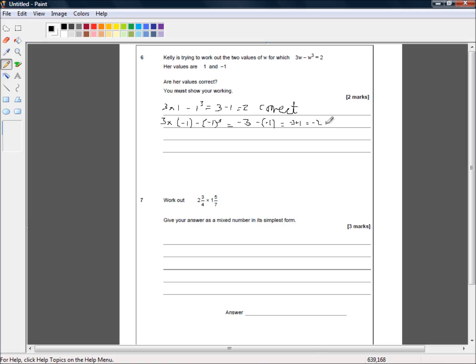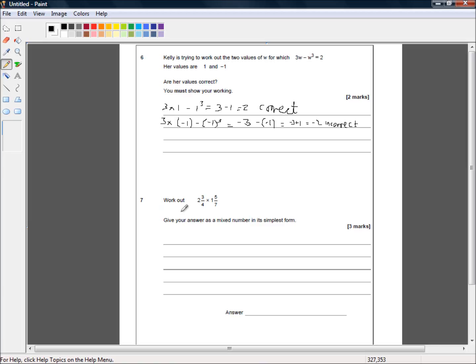So that is incorrect. Really don't like writing with this mouse. Incorrect. Okay, and that's your 2 points.